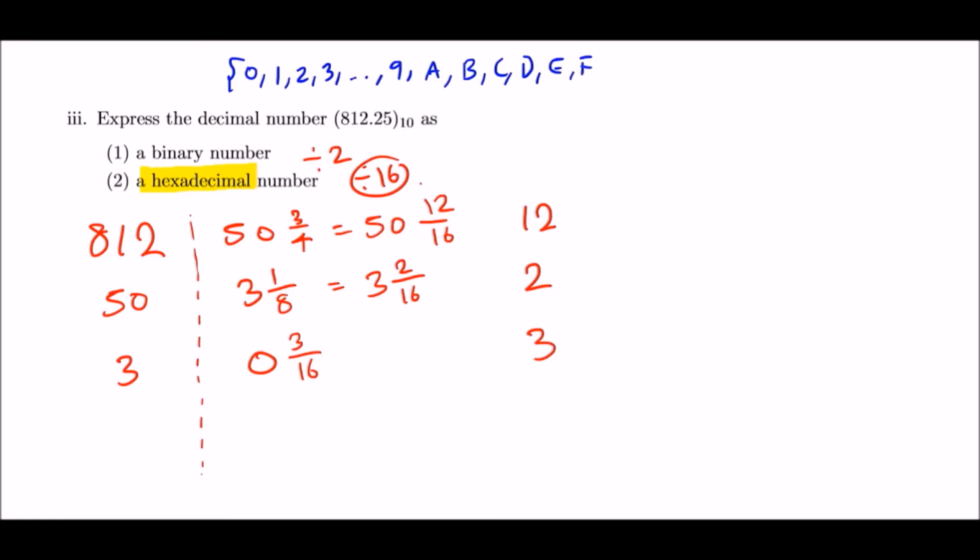So F is the 15th. And all of this makes 16 digits for hexadecimal. And so 12 is going to be, let's say 10, 11, 12. So 12 is C. And that means as a hexadecimal number, we look upwards, so it'll be 3 to C. So that's the first half of the answer done. So it'll be 3 to C.